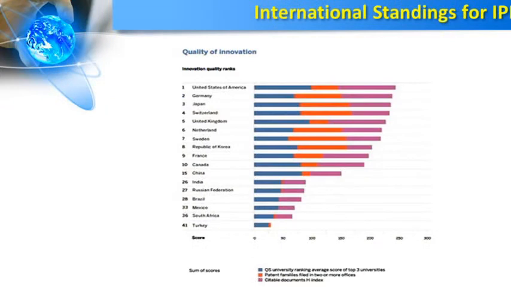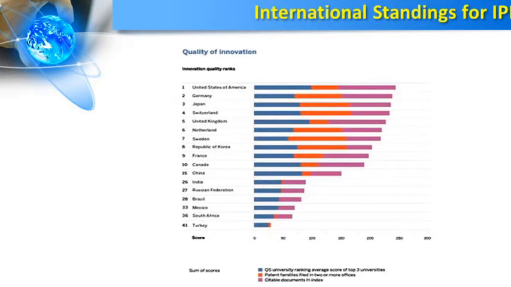This is a slide for quality of innovations. In this ranking, India stands at 26th place, whereas China is on 15th. USA leads this chart.